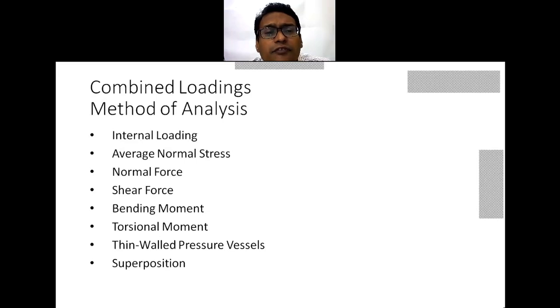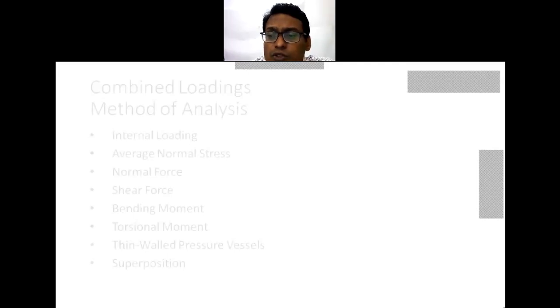The different stresses arise because of internal loading, then average normal stresses, normal forces, shear forces, bending moment, torsional moment, then for thin wall pressure vessels. So all these are the different factors that are going to affect.